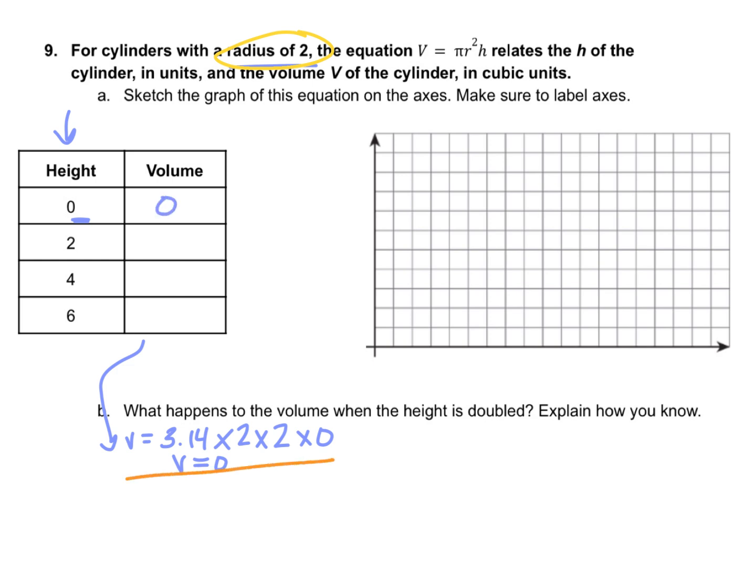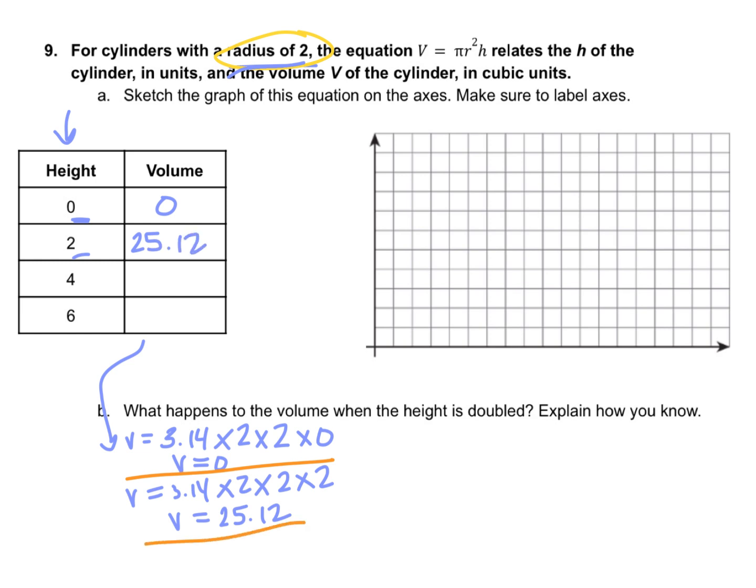Okay, so now I'm going to do a height of 2. And again, the radius stays the same. So 3.14 times 2 times 2 times 2, and I get 25.12 for my volume.